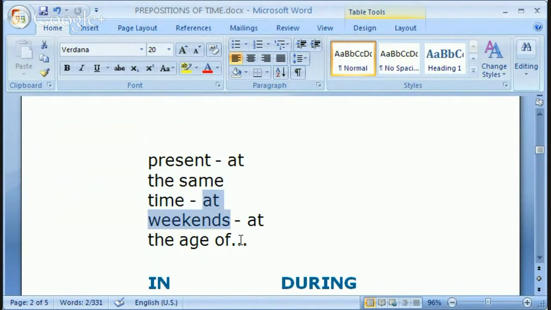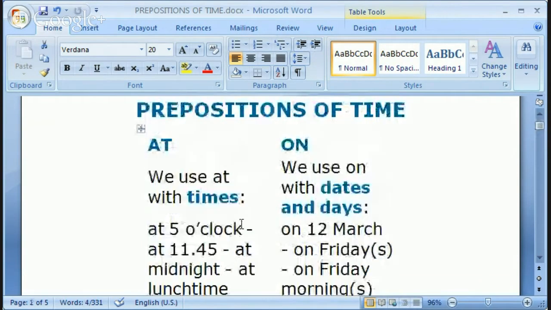Americans say on weekends. There's a difference between British and American English here. Or if we're talking about the past, about someone's age, at the age of 4, I could drive a car. Not really, but we also use at in this expression. Okay, we're going to move on to on.